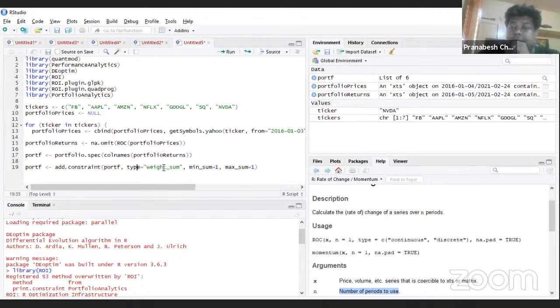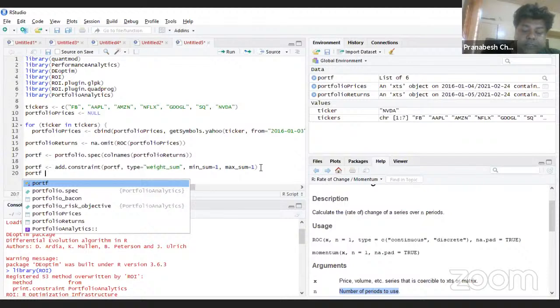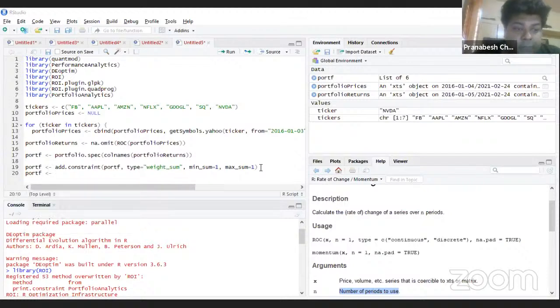I am utilizing the 100% of my investment in my portfolio. So the summation of the weights of the stocks becomes 1 or 100%. So that is one constraint I want to keep. Now let me see what is the other constraint that I want to add. The next constraint that I want to add is a box constraint. Now let's see what a box constraint is.